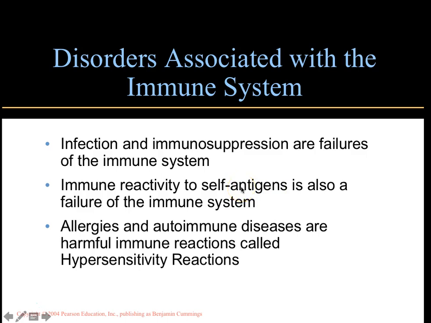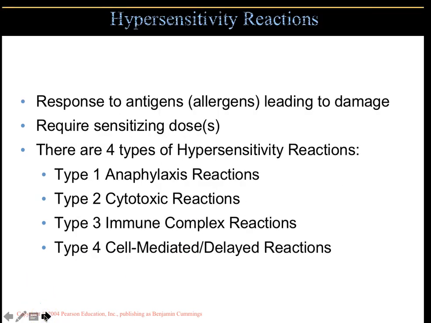So that would be something like type 1 diabetes, where the immune system turns on itself and destroys the cells that produce insulin. And last but not least, allergies and autoimmune diseases are harmful immune reactions called hypersensitivity reactions. And that's really what we're going to be talking about in this particular chapter.